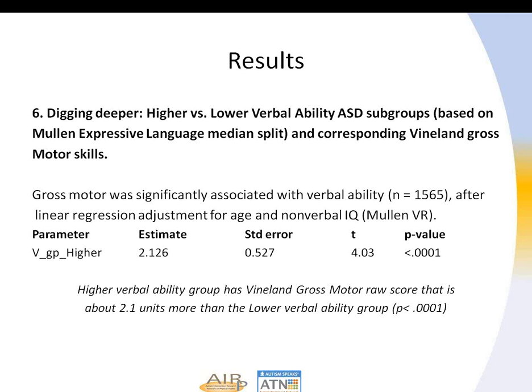So we decided to dig a little deeper and said, okay, if we go with that relationship between verbal ability and motor ability, we decided to use the expressive language median score, a split, and divide this group into those with higher ability versus lower verbal ability.